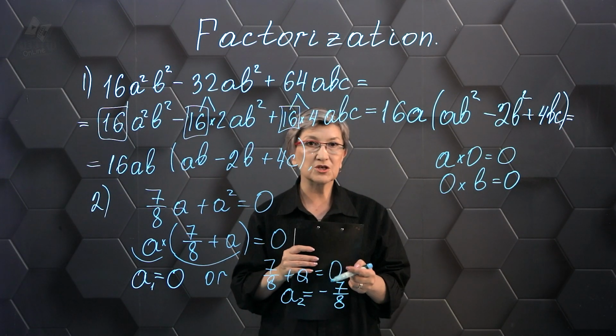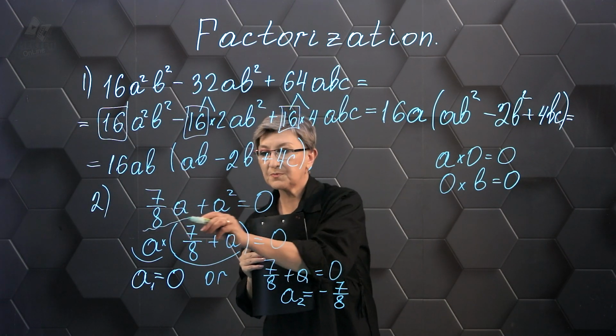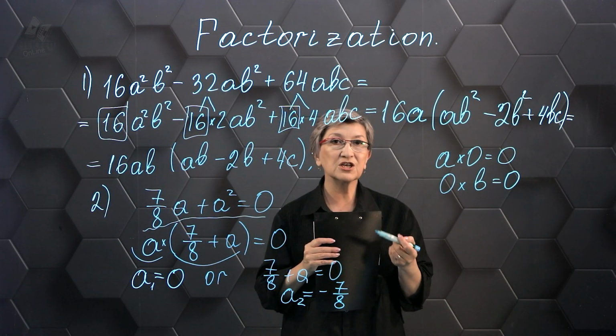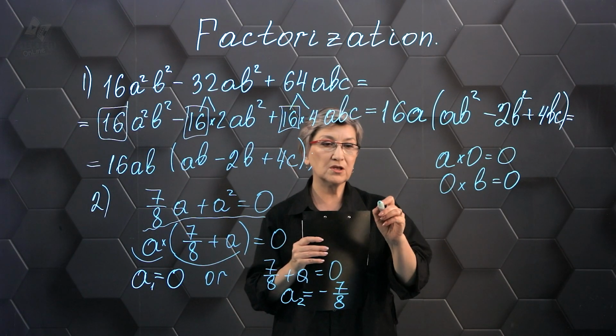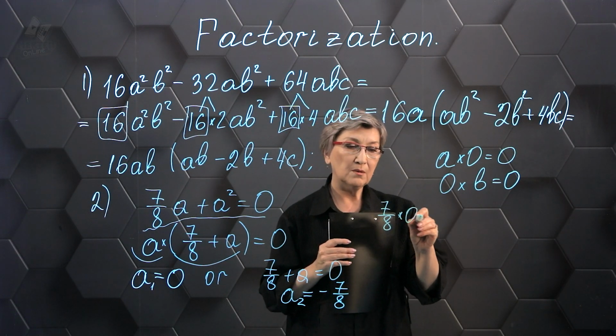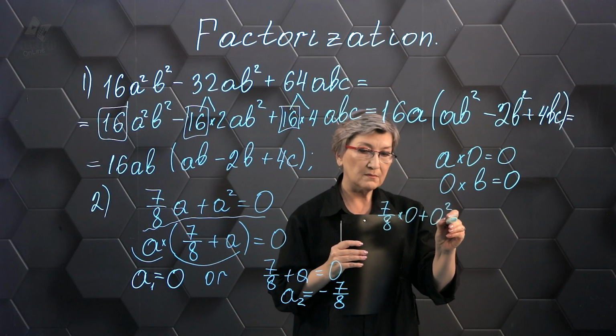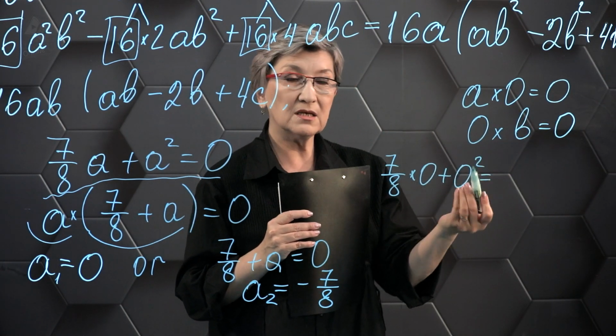Let's plug in our roots and check this claim. In our initial equation, I will replace a with 0. What happens? 7/8 times 0 plus 0 raised to the power of 2. 7/8 times 0 is 0. And 0 squared is 0.